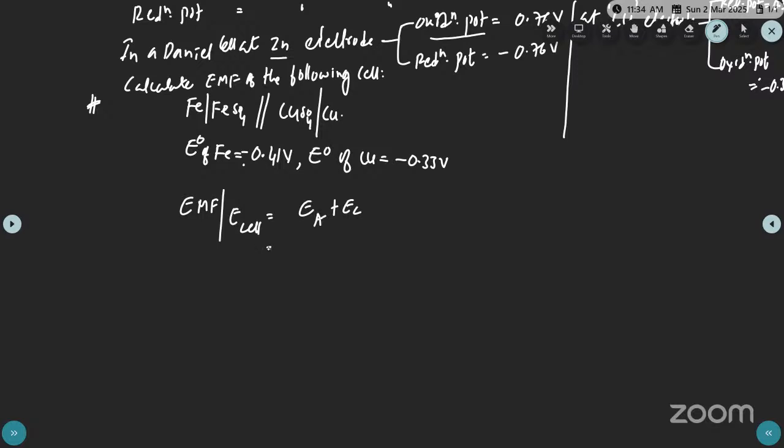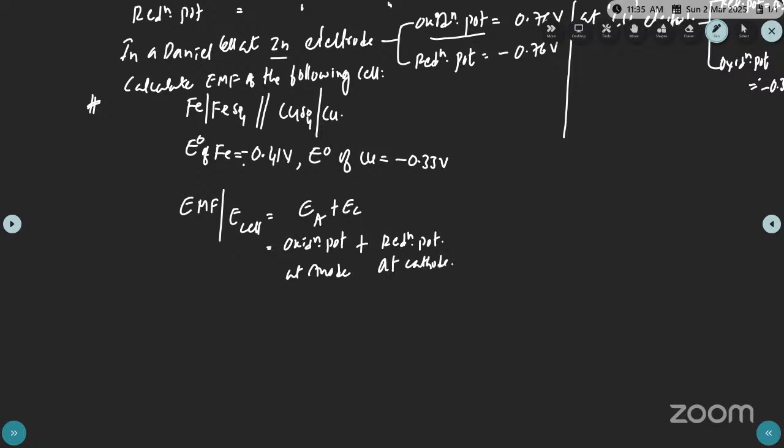So what is the potential at anode? Generally, at anode, oxidation reaction takes place, so its potential is the oxidation potential at anode, plus the reduction potential at cathode.